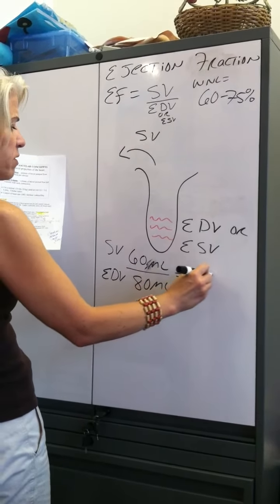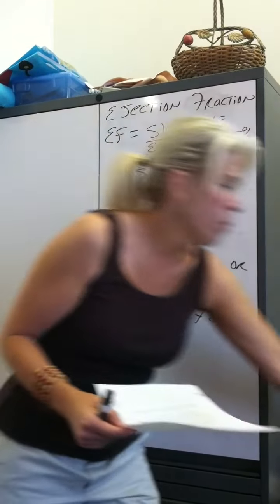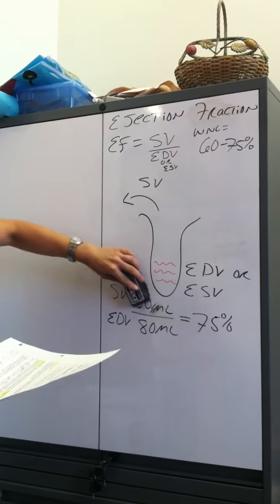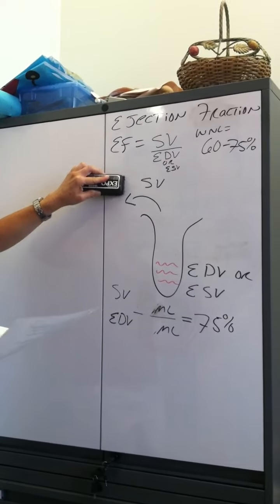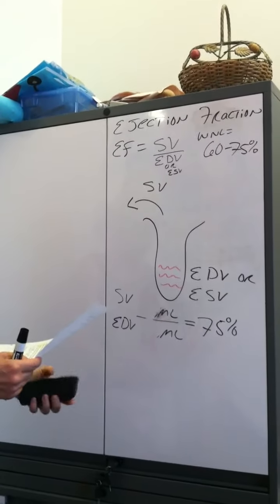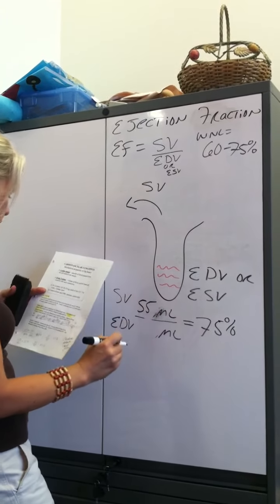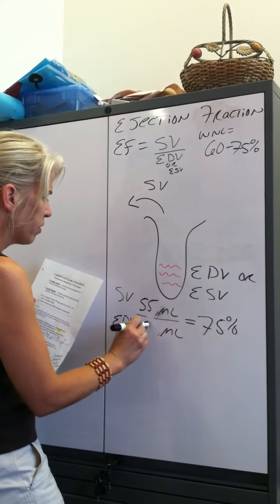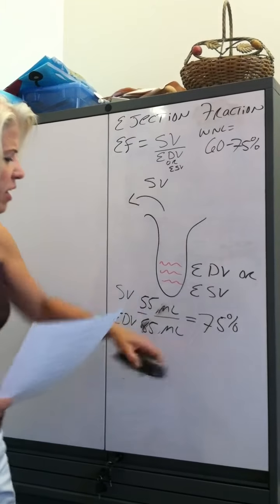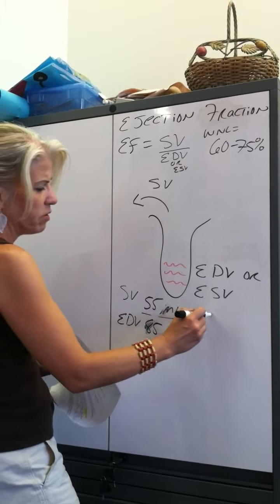So this person would have a normal ejection fraction, so it's working just fine. But let's say we start having less go out, and then more stays behind, because if less goes out, it makes sense that more is going to stay behind. So let's say now 55 goes out, and 85 stays behind. You can imagine that the ejection fraction is going to go down. So now we've gone down to 65%.